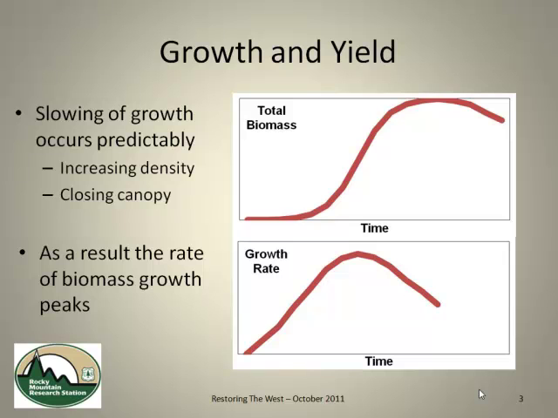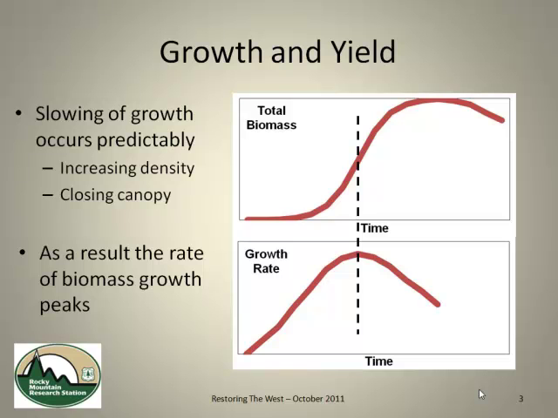Another way to think about this growth rate is just to differentiate that sigmoidal growth curve. And what we get is this growth rate over time. Those of you that have had calculus probably understand this relationship. That point where the growth curve is increasing at its most rapid rate, if we differentiate that curve and look at the rate of growth over time, we'll see that's where the growth rate is the highest.